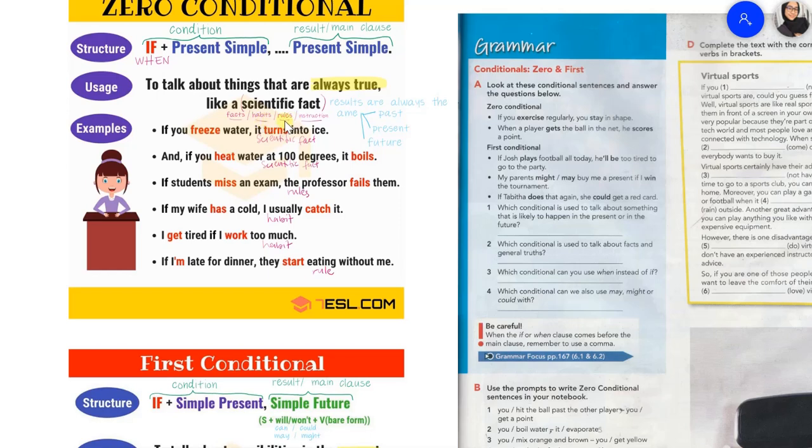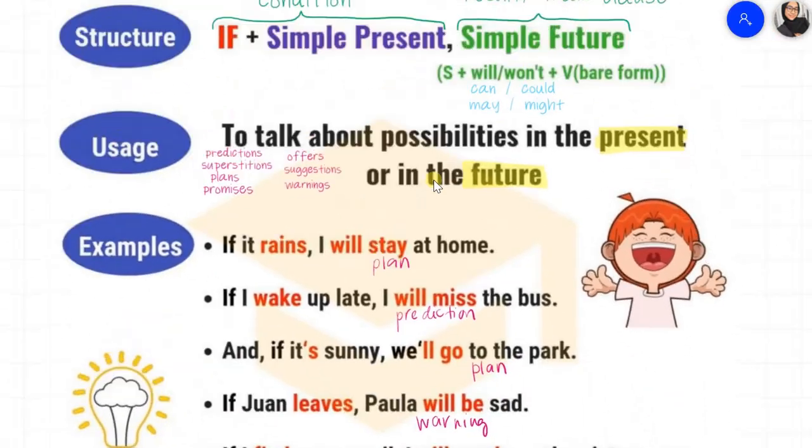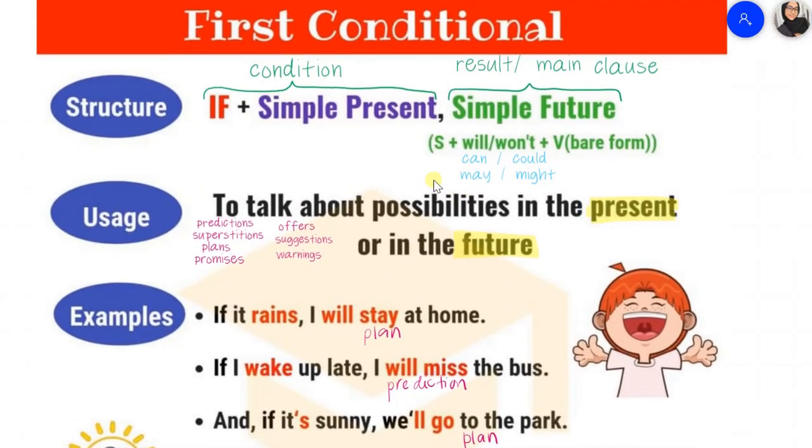That's a habit. And then rules. Peraturan, instruction, arahan. Okay. So, zero conditional is things that are always true, is a fact. And then, first conditional pula is about possibility. Okay. Or prediction, superstitions. Okay, superstitions ni apa?